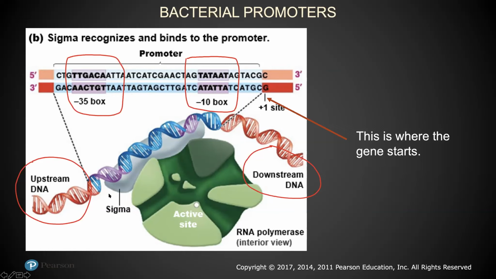If you look, the beginning of that sigma molecule here is binding near where that -35 box is, and the end of that sigma is located where that -10 box is. So the sigma identifies where these regions are on our big DNA strand, and this then helps our RNA polymerase know where it needs to connect. Once this has happened, it will be able to move on and know where to start transcribing the gene.